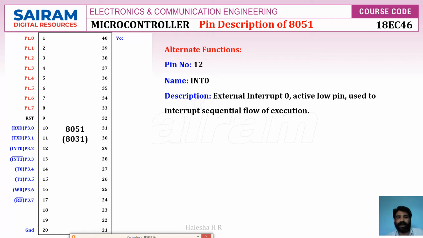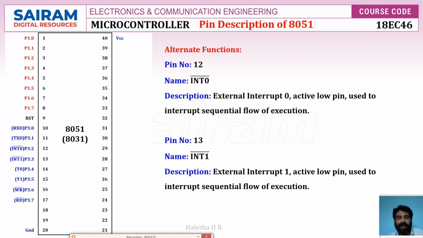If this pin gets activated, the interrupt occurs, I mean interrupt 0 occurs. So it will go to the interrupt service routine, execute the required action, and then come back and continue the program execution. This is the external interrupt pin. And pin number 13 is the same kind of external interrupt pin, active low, used to interrupt the sequential flow of execution.